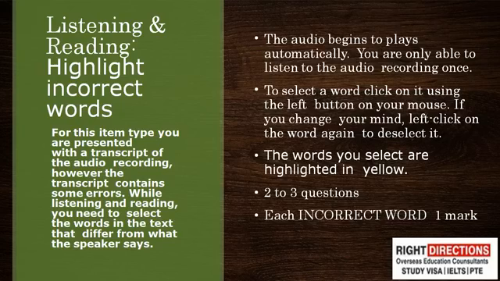So what you have to do is select the word in the text that is different from what the speaker says. The words that you will select are highlighted in yellow, and you will get 2 to 3 questions in your exam. For each incorrect word you will get 1 mark.